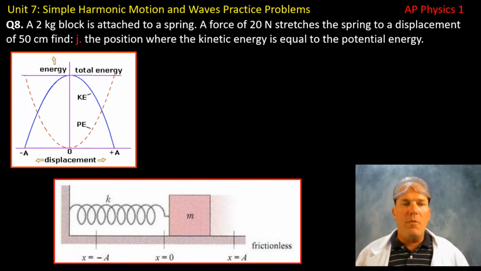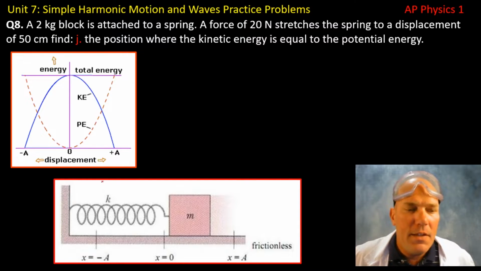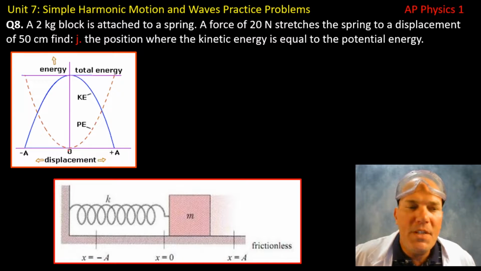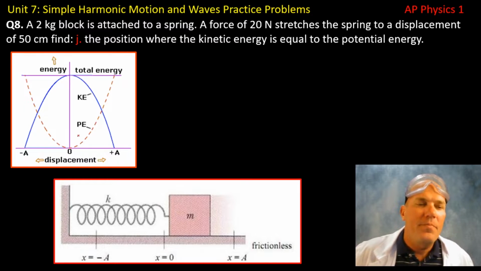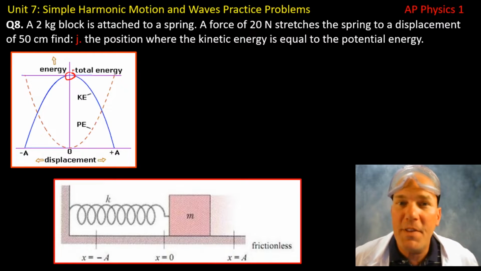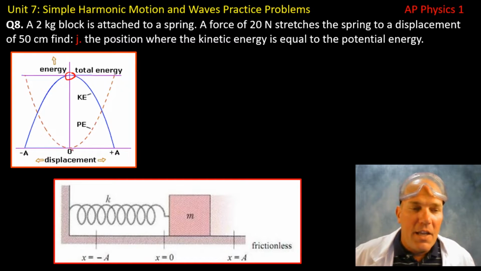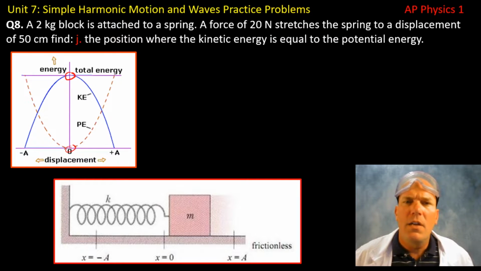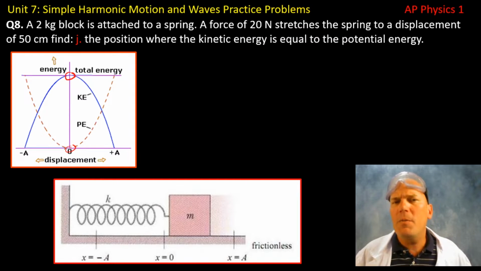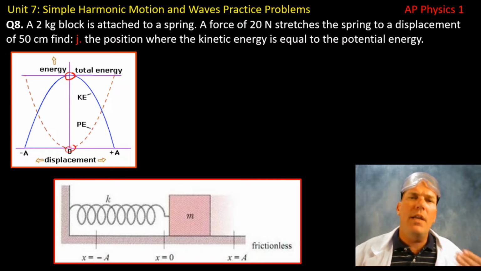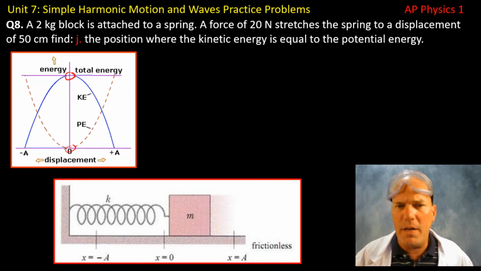We know at the equilibrium position, we have maximum kinetic energy, so it's moving the fastest. And at that point, we have 0 potential energy. In this case, there's 0 spring potential energy at the equilibrium. It's all been converted into kinetic energy, 1/2 mv squared.